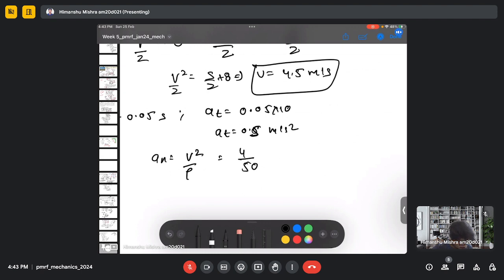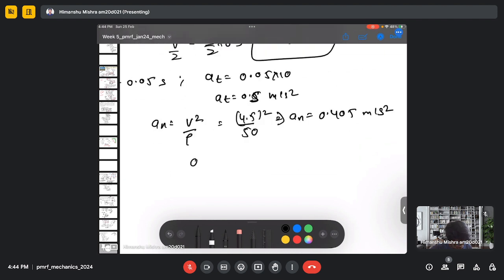So v square is 4.5 square. So my normal component of acceleration will be 0.405 meter per second square. So the magnitude of acceleration will be the square root of a t square plus a n square.